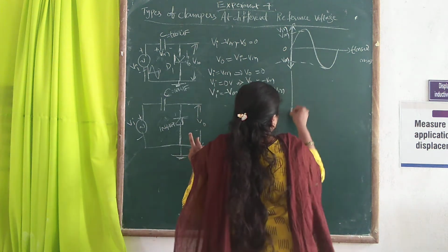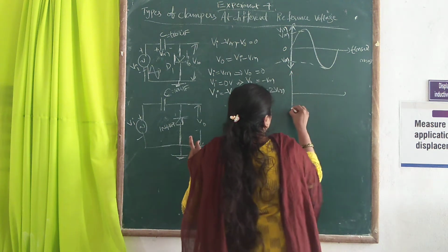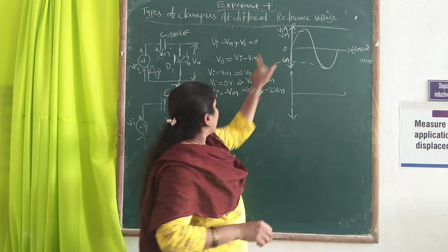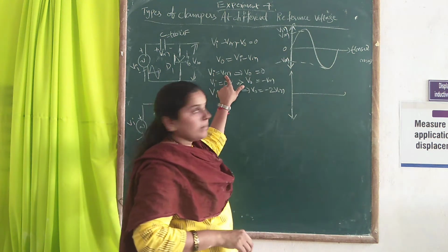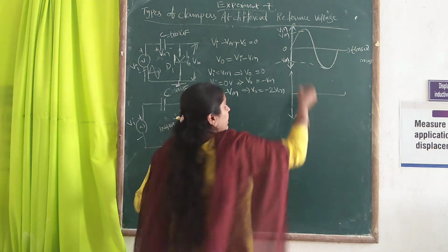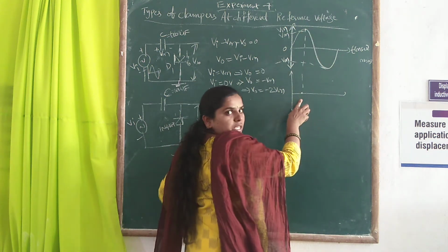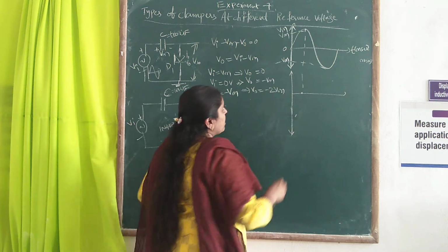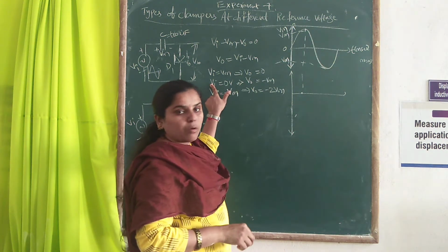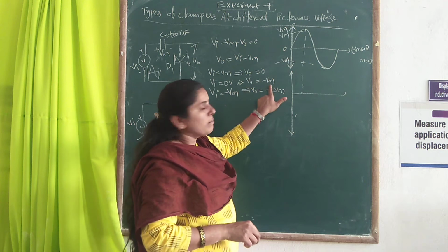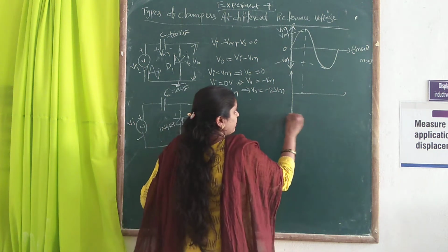So here, output waveform is, when the input voltage is Vm, we get 0. So here, when it is Vm, we get 0 output voltage. Next, when the input voltage is 0 volts, we get minus Vm.